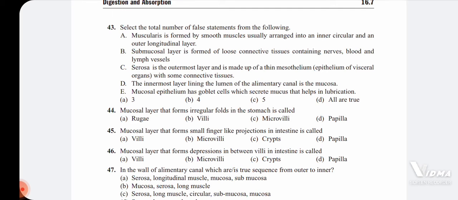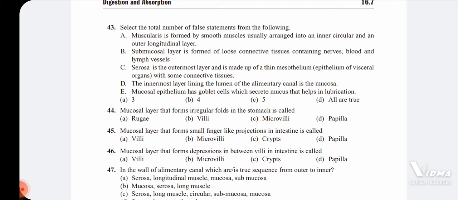Submucosal layer is formed of loose connective tissues containing nerves, blood and lymph vessels. As the submucosal layer is made up of loose connective tissue, it has the nerves and the blood and lymph vessels.